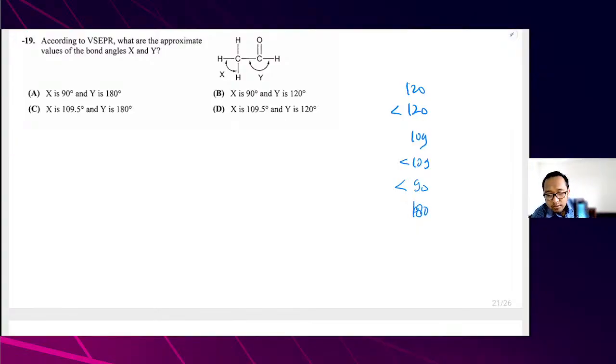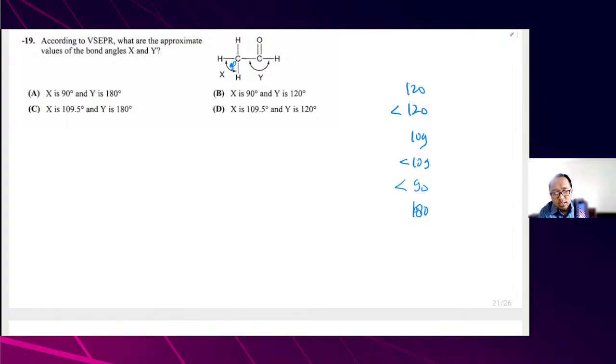So according to VSEPR, let's see. X, to me, will be 90, or less than 90. How about this one? There is no lone pair over here, and it has a double bond. It has four, and there is no lone pair.